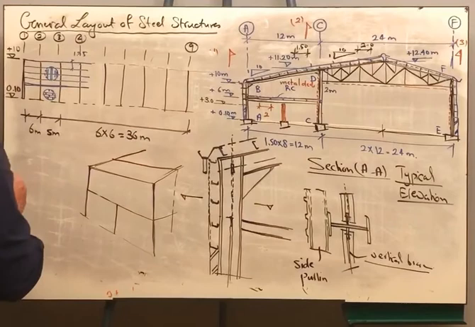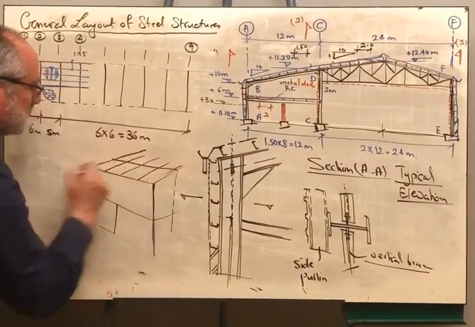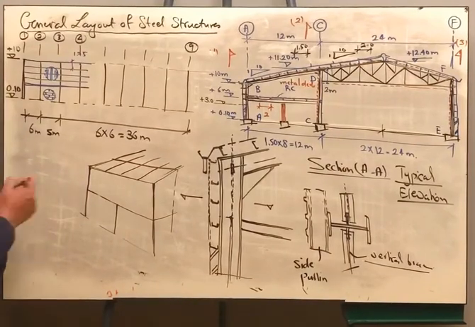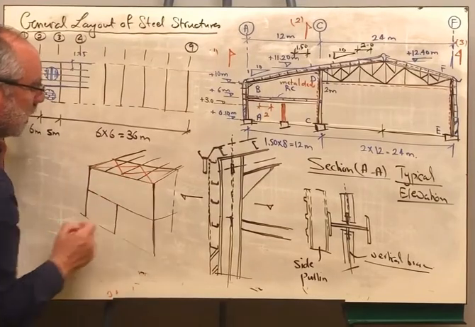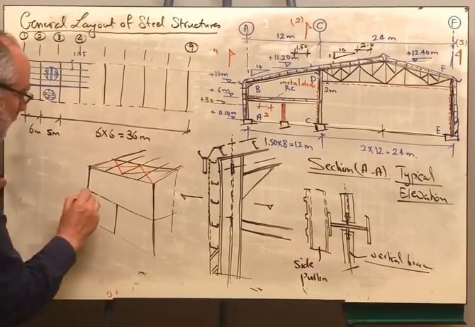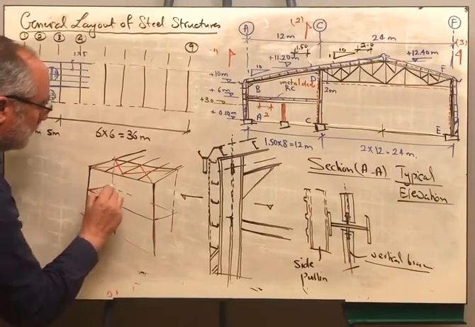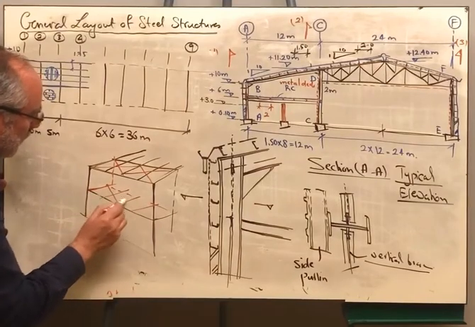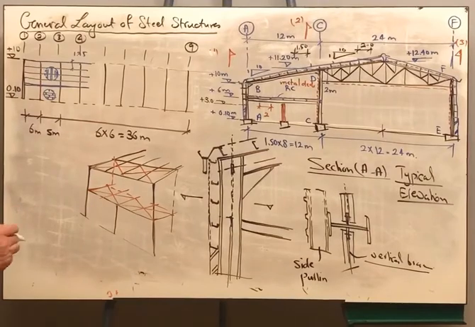And we said before that we are having here the roof purlins, and here we are having the upper bracing, and at this level as well we are having the bracing that is found at the level of the mezzanine floor.